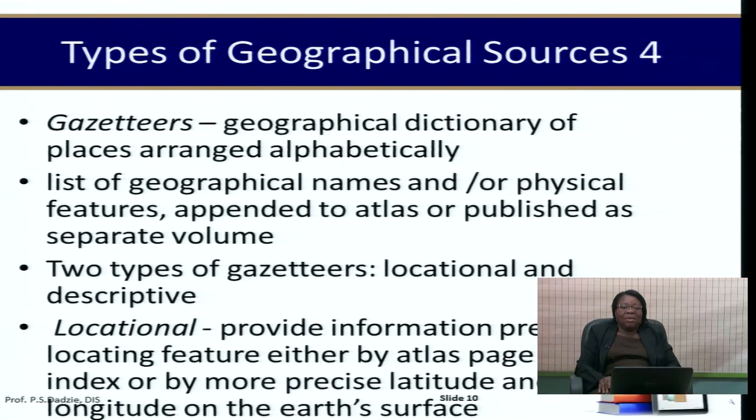This is different from the Gazette. The Gazette is a publication of references or discussions held in any parliamentary session. But this is a gazetteer. So we have two types of gazetteers, locational and descriptive.